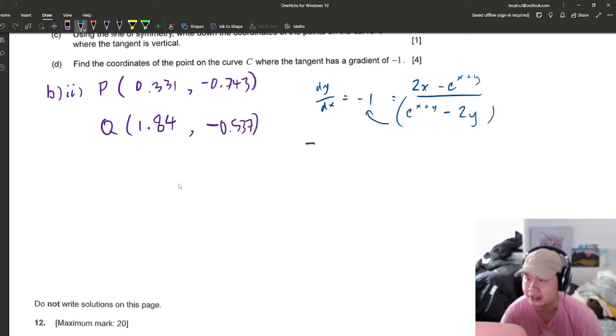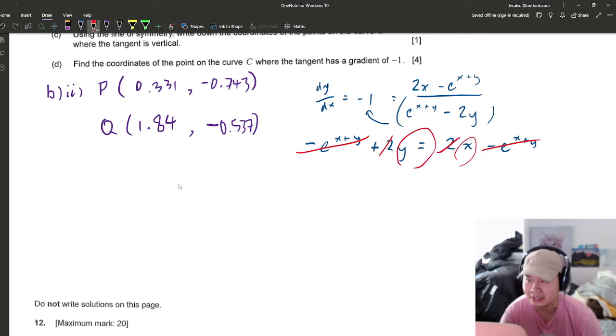You get negative e^(x+y) plus 2y equals 2x minus e^(x+y). And then you land at the same conclusion. These cancel, and then so do these. So your coordinate needs to have y equal x, just like what we saw from the quick diagram.